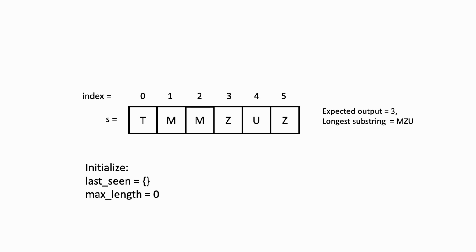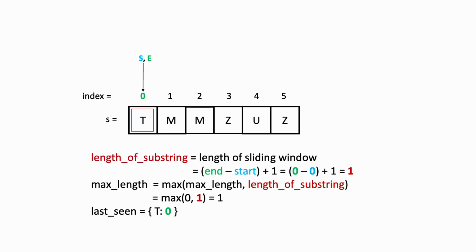Let's visualize the optimal solution, sliding window with Hashmap, by taking the example test case where the input string is TMMZUZ and the expected output is 3, because the longest substring with unique characters in the input is MZU of length 3. We will initialize the last seen variable to an empty hashmap and the max length variable to 0.